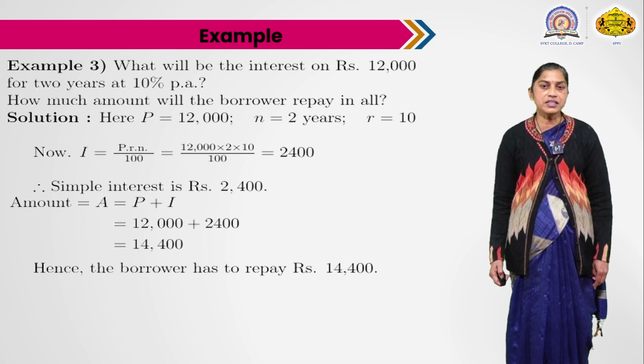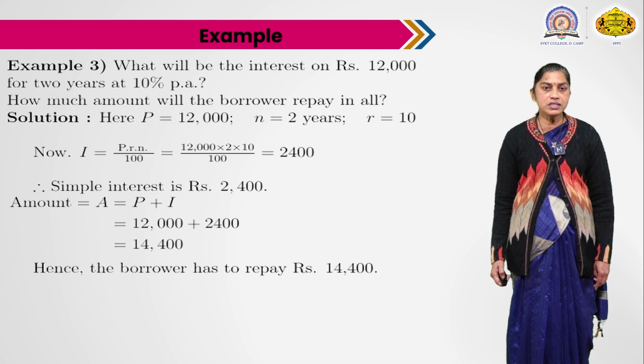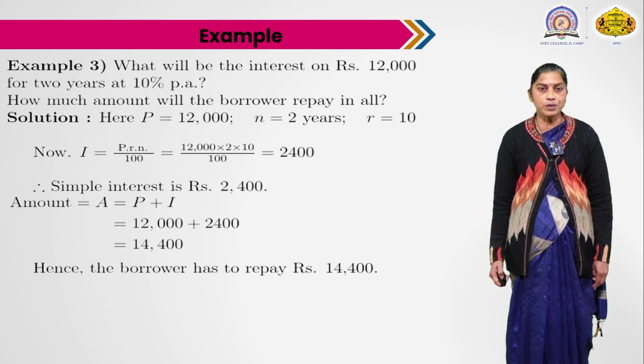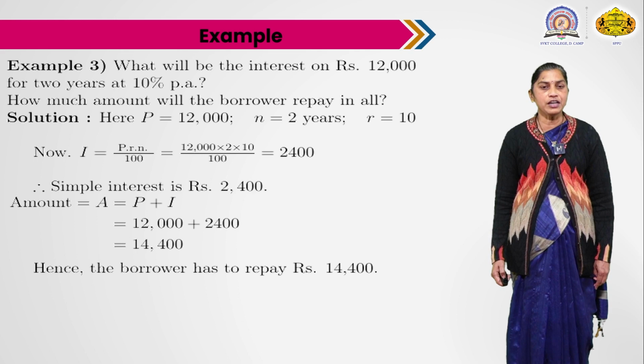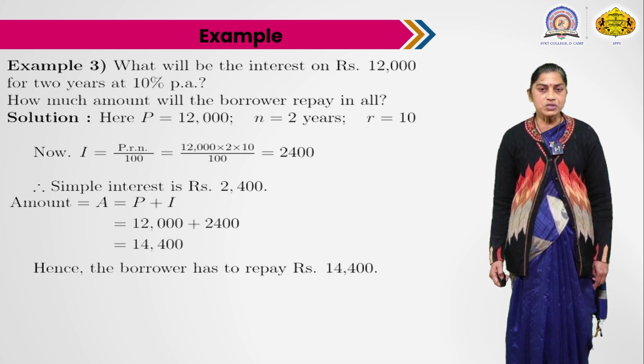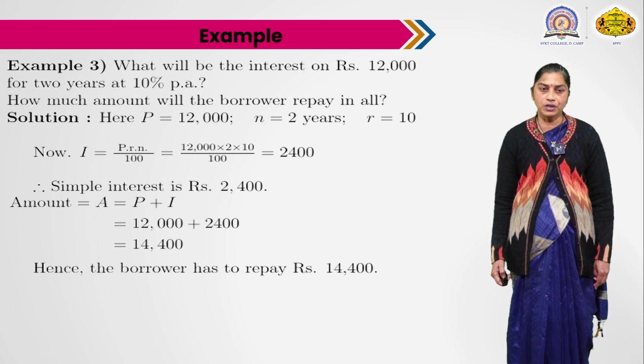Number of terms, that is N, is given to be 2 years, and rate is given to be 10% per annum. The formula for simple interest is P into R into N divided by 100. So 12,000 into 2 into 10 divided by 100. After calculation, it comes to be 2,400, and therefore the simple interest is rupees 2,400.